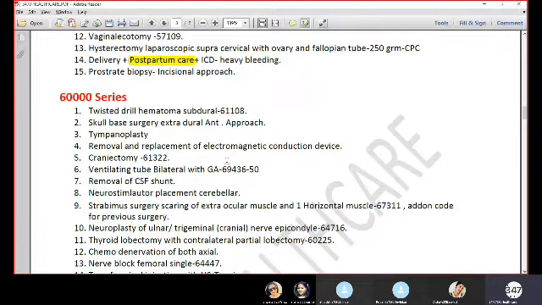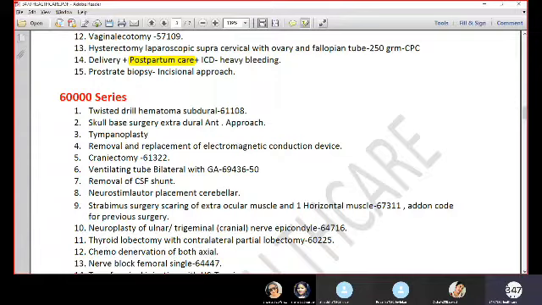Then another question is nephrostolithotomy with lithotripsy 3 centimeter. 50081, yes, correct.